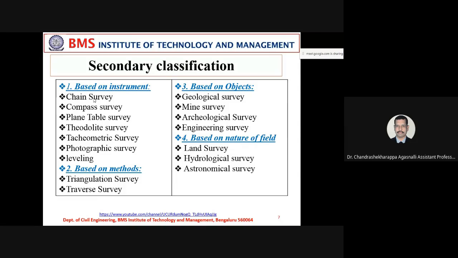Based on the objects, the first one is geological survey. Geologists do the survey in the field, randomly traversing one thing and another. There are survey lines, especially in specific working areas, say for example 1 kilometer by 500 meters, or half a kilometer.